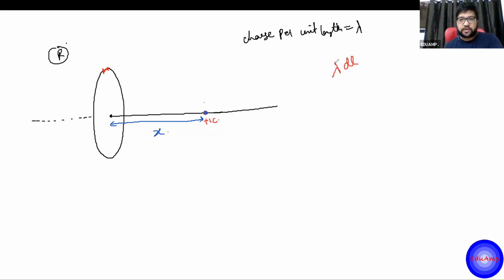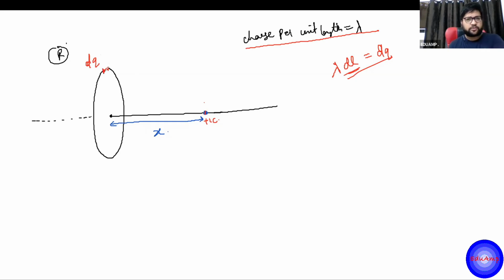Lambda into dl, right? This small arc has charge dq, because lambda is the charge per unit length. So for dl length, the charge is lambda into dl.